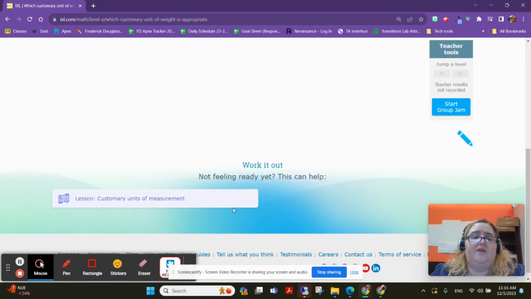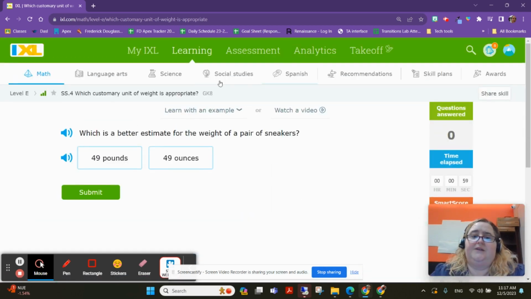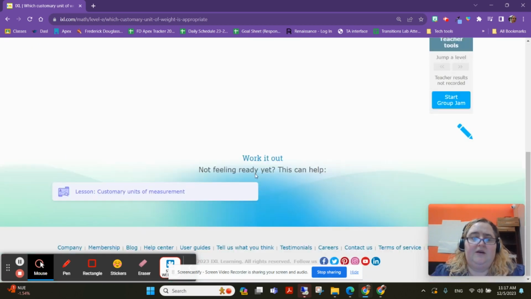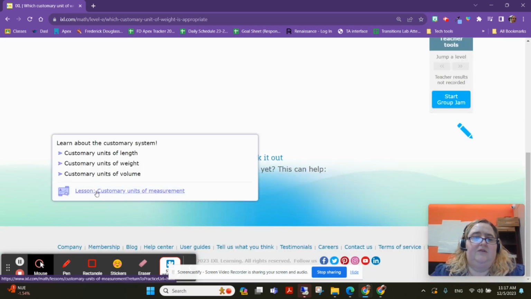Okay, there's also the option down here, and I like to show this to students. If you look at this and you totally don't get it, you can come down here and go to a lesson that backs it up. So this is sort of like your reverse spiral, right? So what leads to you being able to do this lesson? Well, knowing the customary units of measure, right?